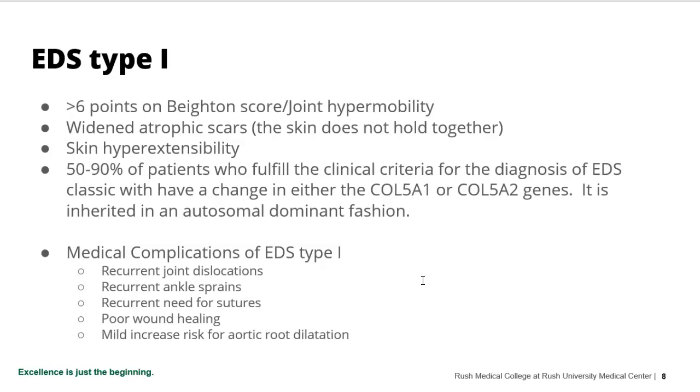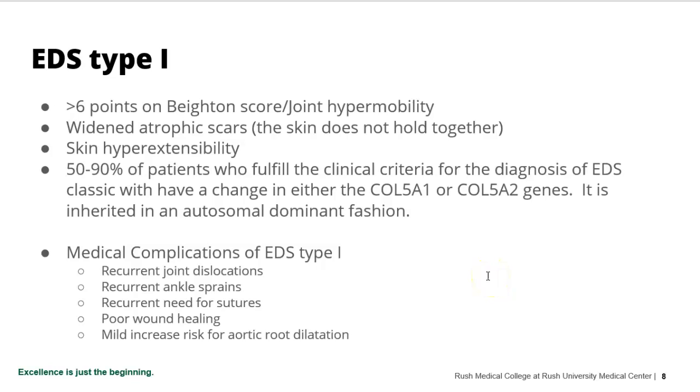Again, when I say clinical criteria, everything used to be a clinical criteria, and then we found the genes. But 50 to 90% of patients who fulfill the clinical diagnosis of Ehlers-Danlos classic will have a mutation of either collagen 5A1 or 5A2. This is a pretty big range, 50 to 90%. There is likely another gene that we don't know about today, as of the time that I'm taping this lecture.